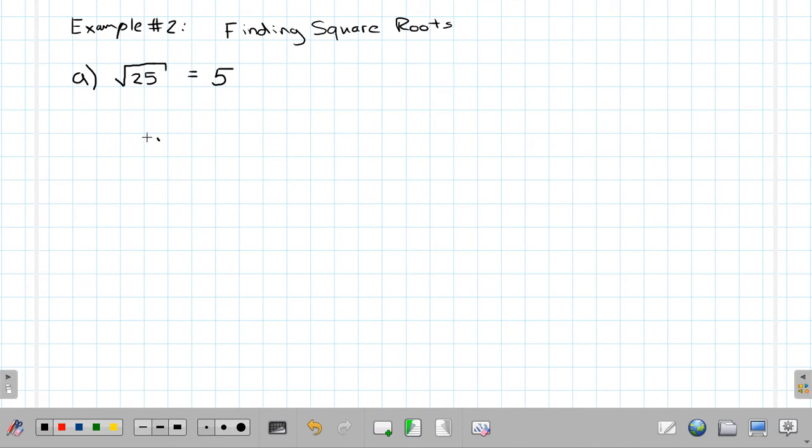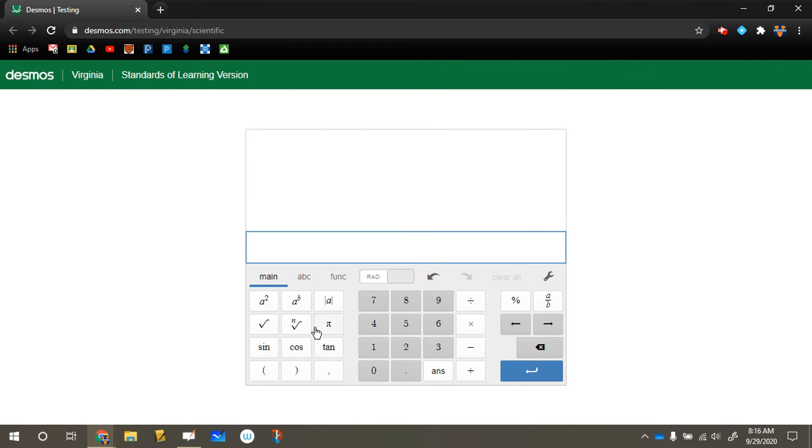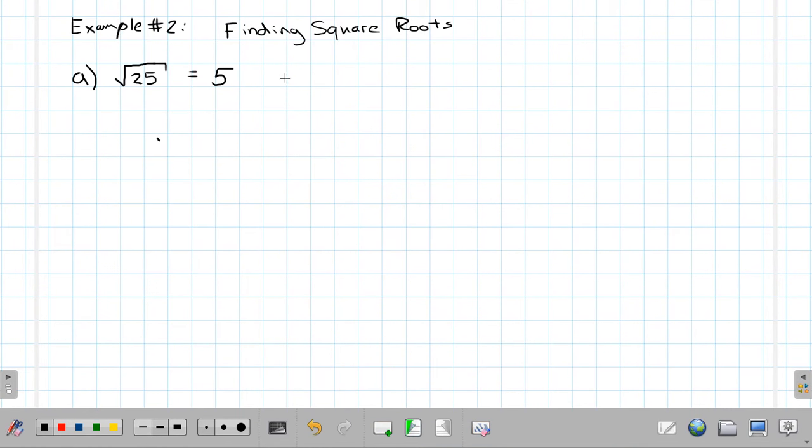And if we wanted to double check ourselves, we could go to the calculator, hit square root of 25, and you could see that the positive square root of 25 is positive 5. So you can use the calculator to double check your work, but once again, there's no negative sign on the front of the square root, which indicates you want the positive square root of 25, which is 5.